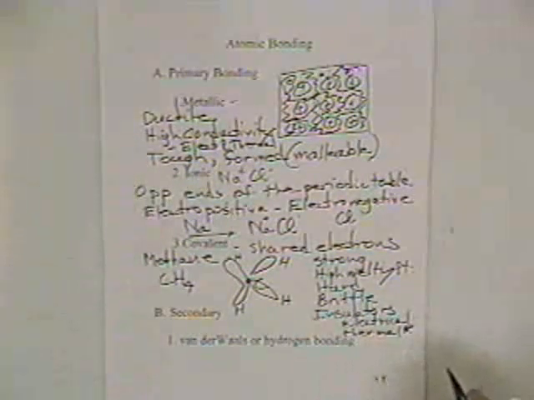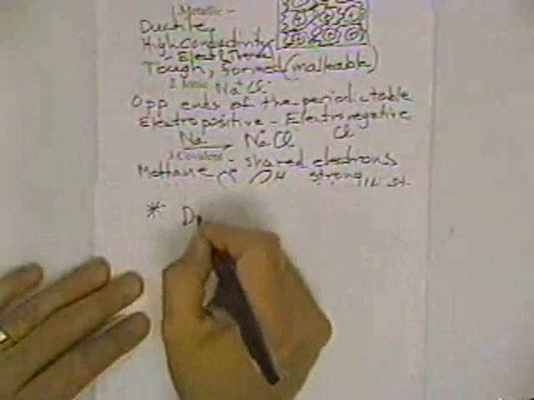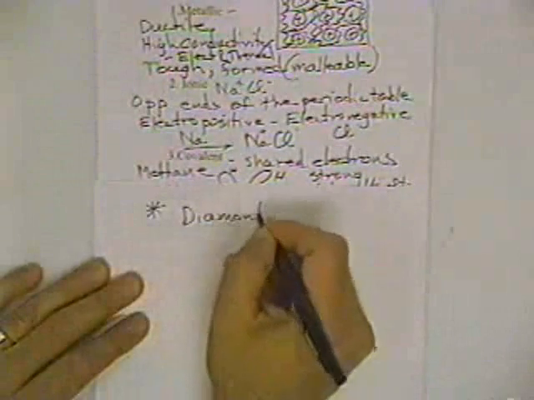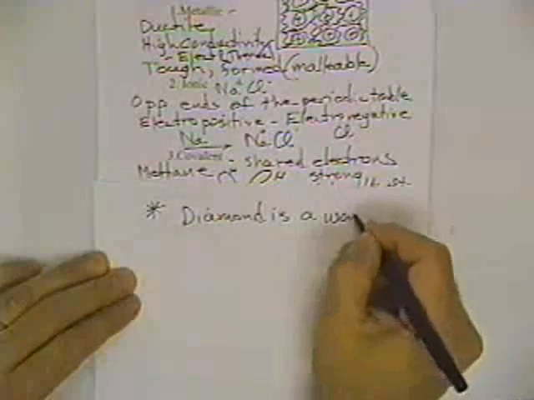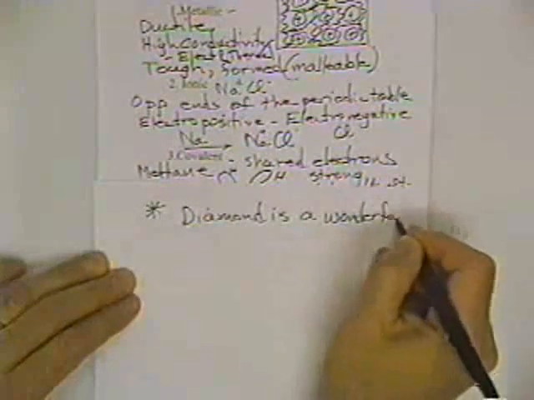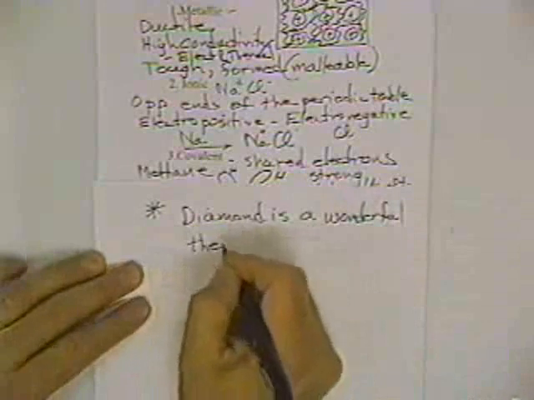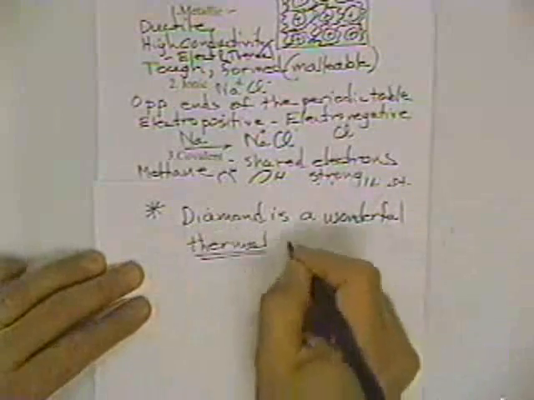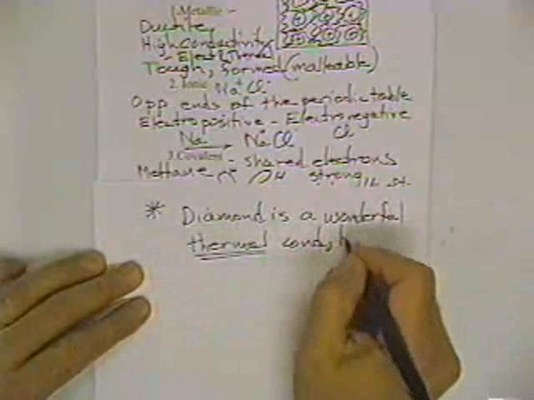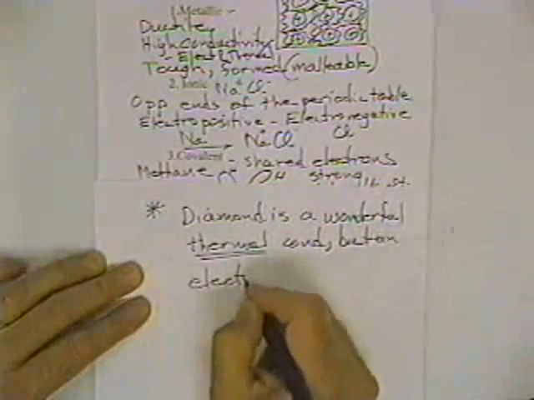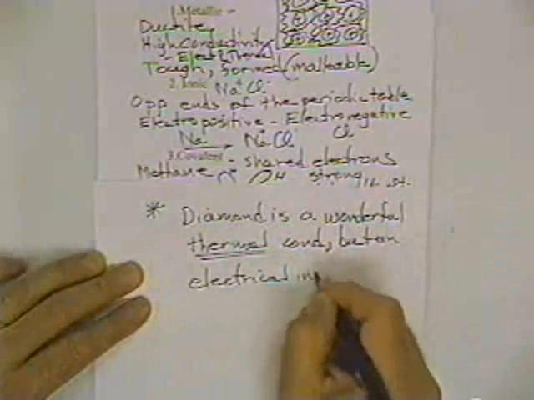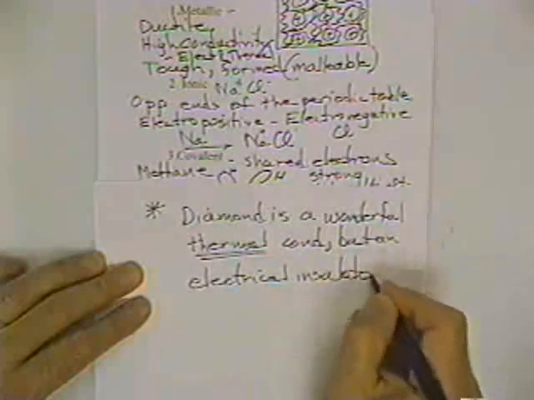And we might just put a little footnote to ourselves there, because diamond is a wonderful thermal conductor, but a very good electrical insulator.